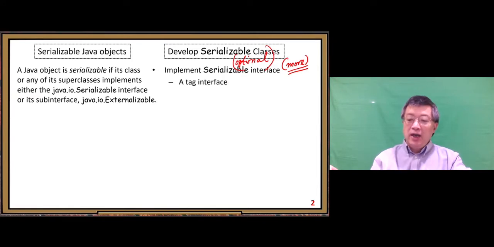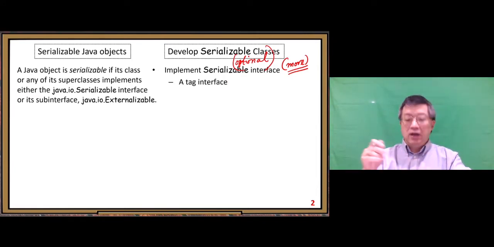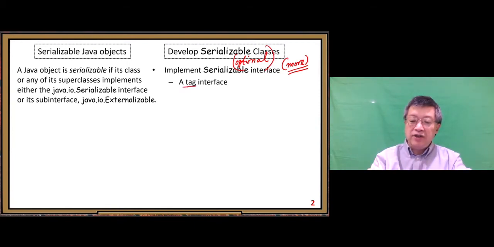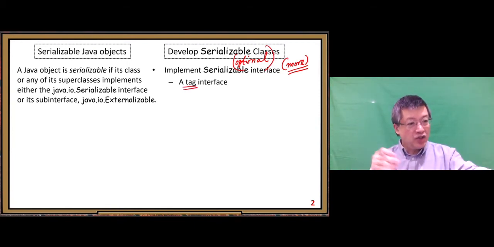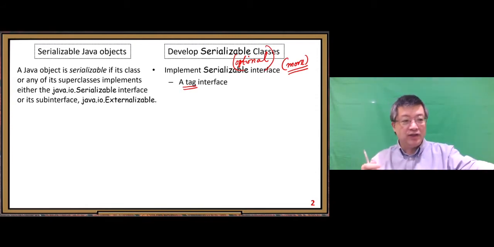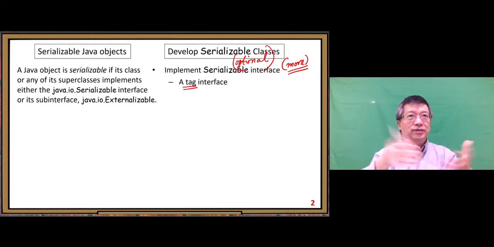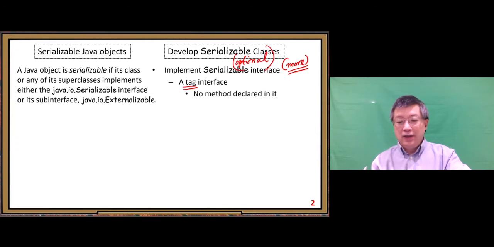First, this interface is a tag interface. Attach a tag on it. So what's that? A tag interface is like a tag on a product. No method is declared in it.